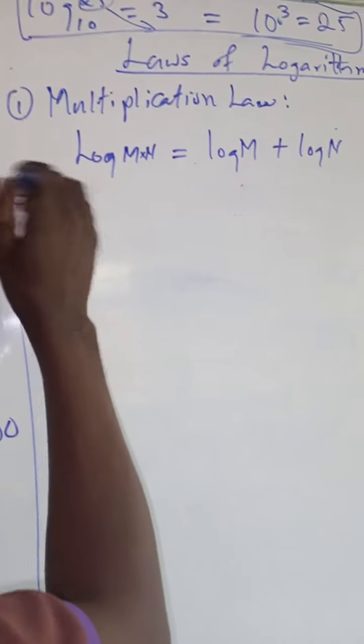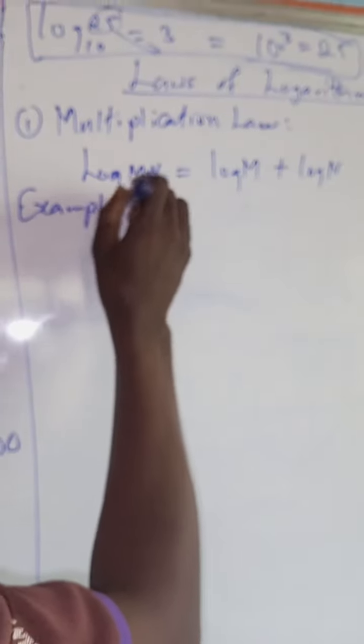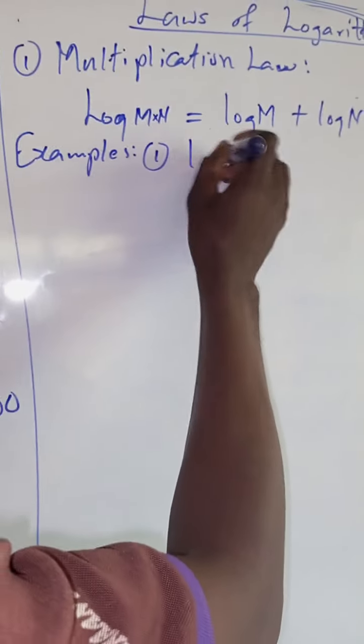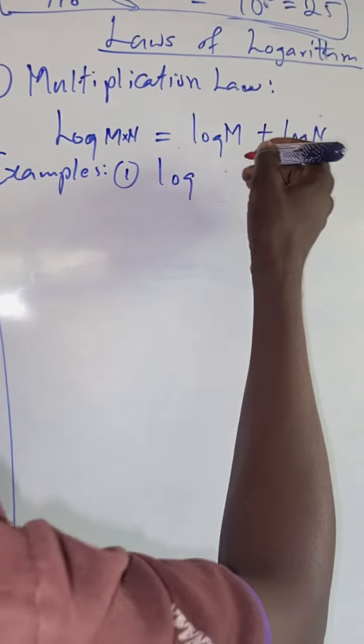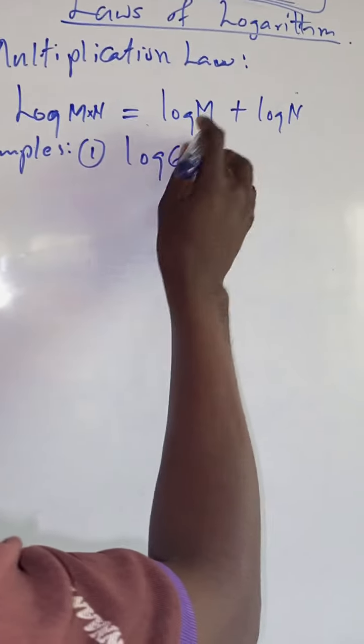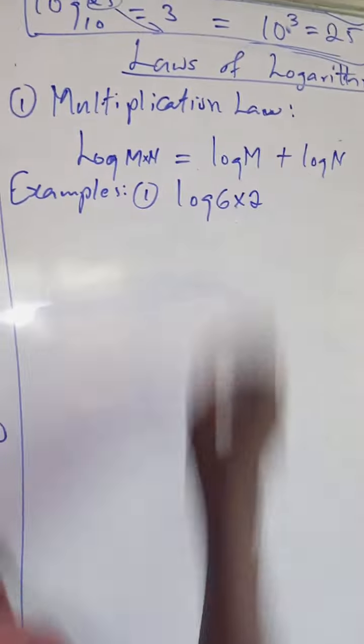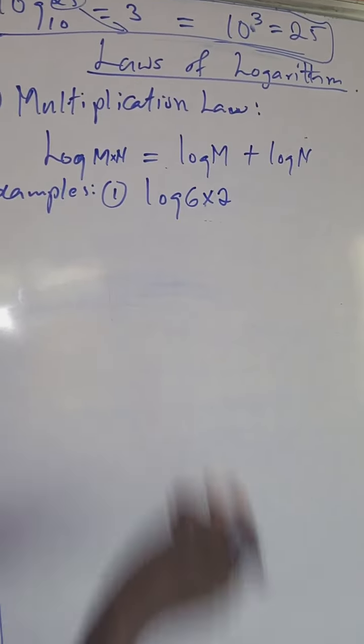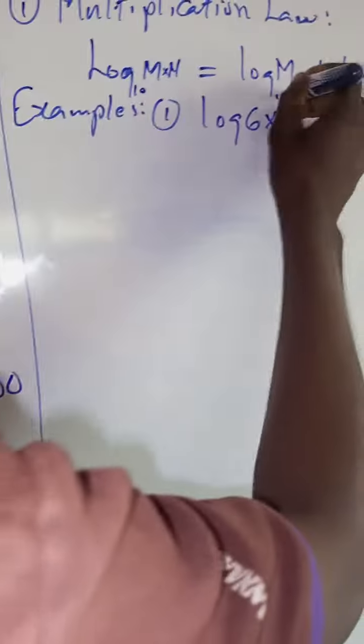Now let me give an example under the first law. We say we have log 6 times 2. Let's give it base 10.